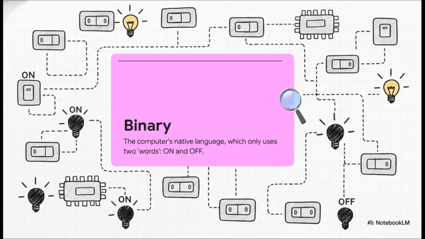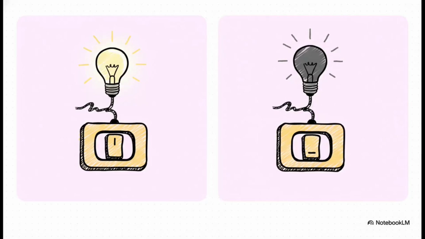There's no maybe, no kinda. It's either a definite yes or a definite no. And in the world of computers, we use numbers for that. On is represented by a 1, and off is represented by a 0, which means literally everything on your computer, every photo, every song, every word, is just a massive, massive sequence of 1s and 0s.